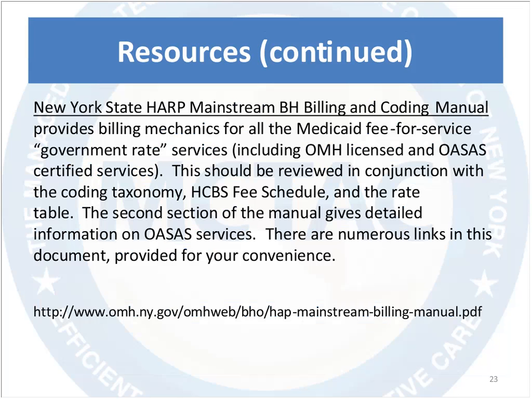One of the pieces that you'll find extremely helpful is the New York State HARP Mainstream Behavioral Health Billing and Coding Manual. I've looked at that on a number of occasions. I had it out again last Thursday as we begin taking a look at some of the home and community-based waiver services. It clearly articulates not only the home and community-based, but also the mainstream behavioral health billing codes in the manual.